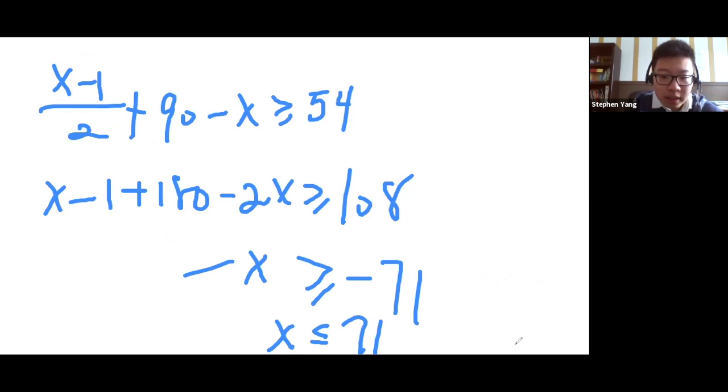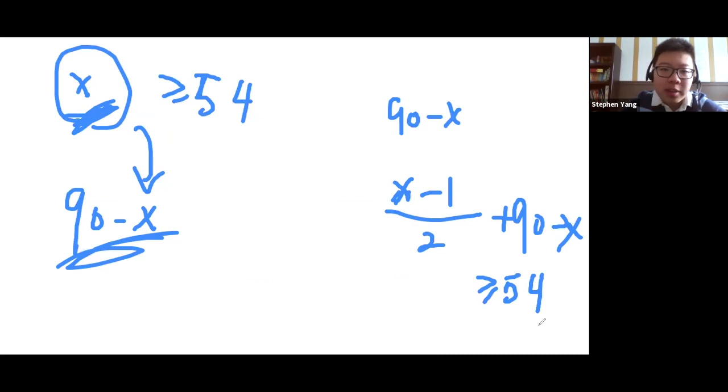So is everybody good with my explanation? X is the number of people that scored greater than or equal to 54.